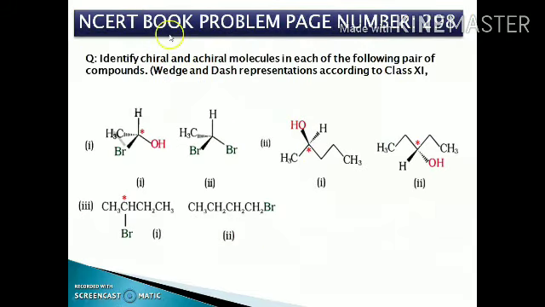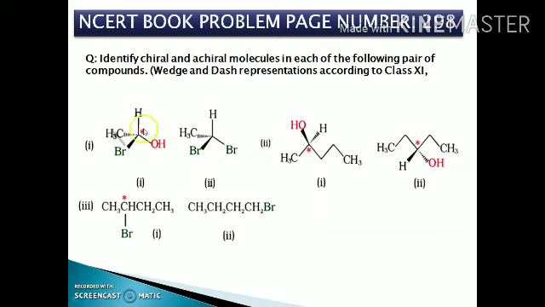Let us discuss the NCERT book problem, page number 298. In this question, we have to identify the chiral and achiral molecules in each of the following pairs of compounds. In this compound, this is the central carbon atom, and with the central carbon atom, four groups are different.